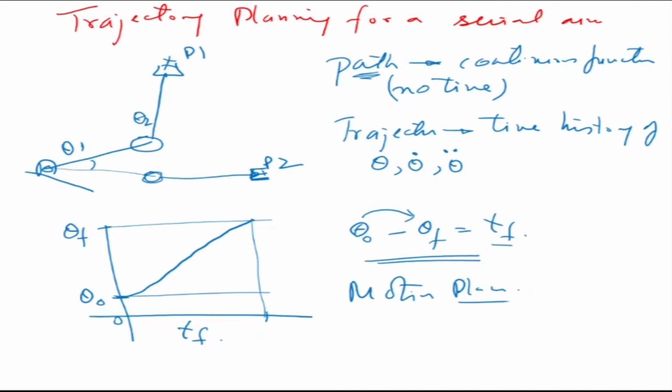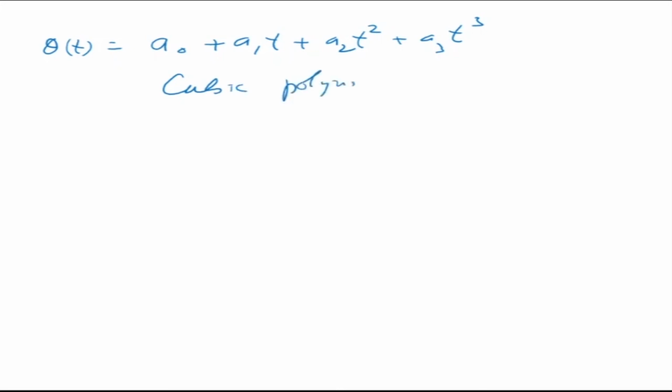So here we can say that we are fitting a trajectory which is going to be theta of t equal to a naught plus a1 t plus a2 t squared plus a3 t cubed. So this is a cubic polynomial. Now I cannot fit an equation of less than order 3. Why?